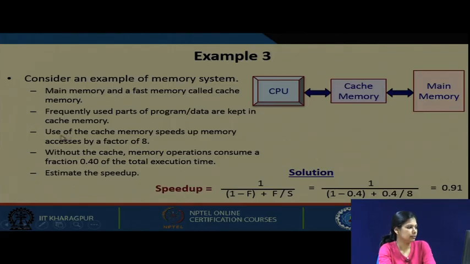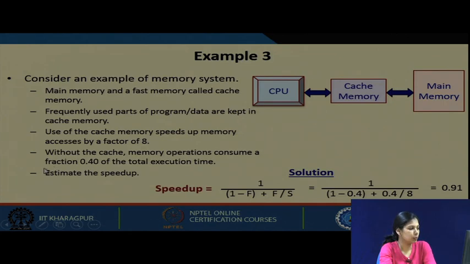And the use of cache memory speeds up memory access by a factor of 8. So, whenever cache memory is used, the speedup of memory improves by a factor of 8. Without cache, the memory operation consumes a fraction 0.40 of the total execution time.